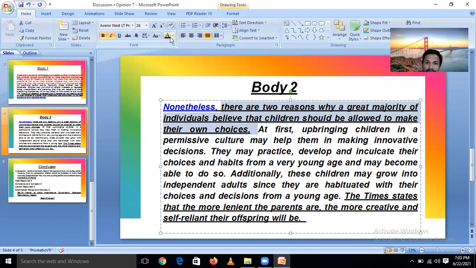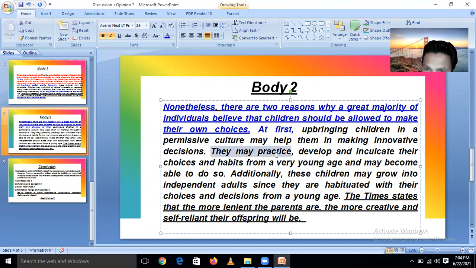What is the first reason? At first, upbringing children in a permissive culture may help them in making innovative decisions. Have a look.